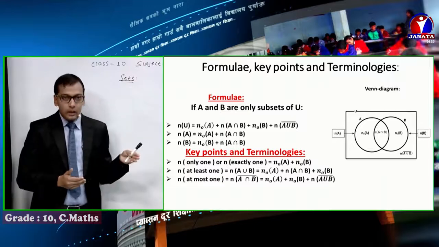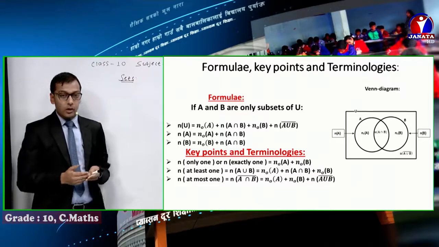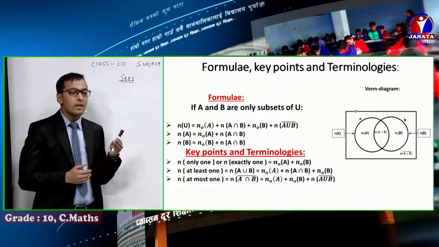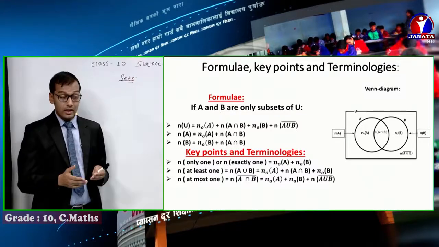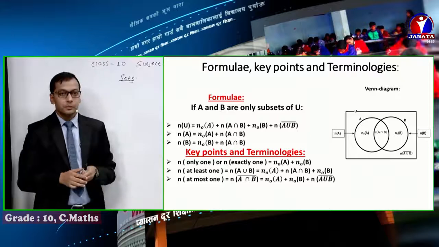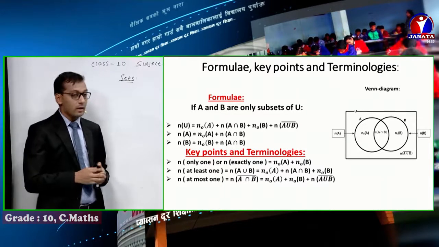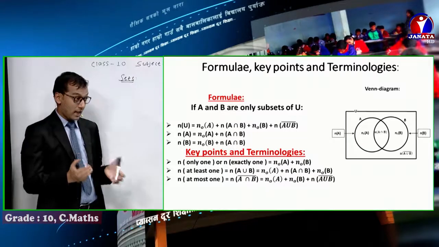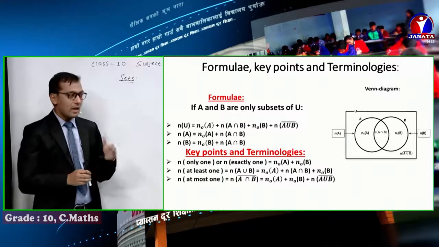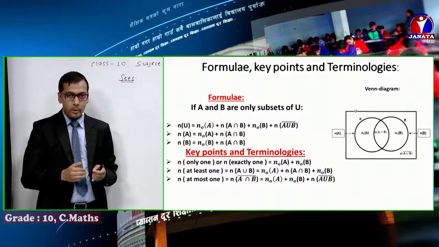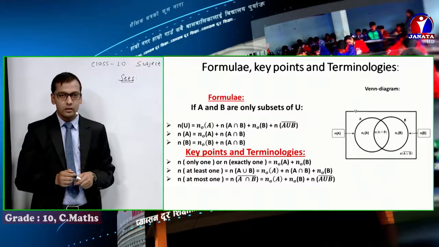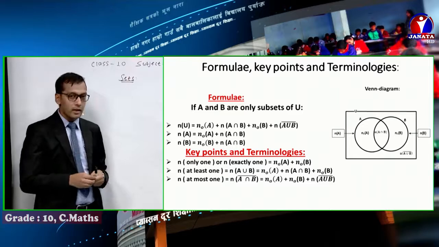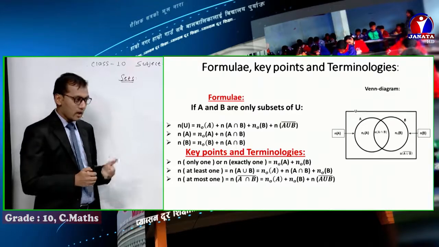After that, I discussed different types of set, then set operations, and then two-subset Venn diagrams, and we also learned the idea of writing formulas from a Venn diagram.